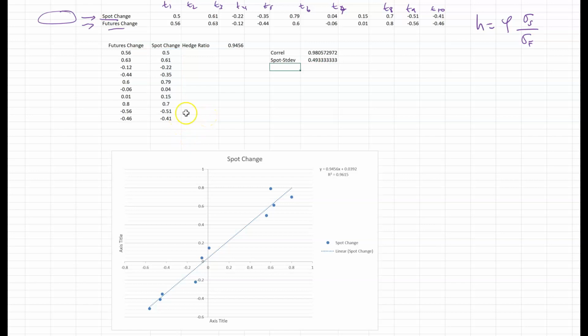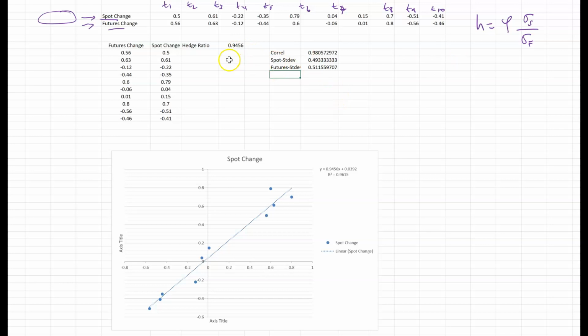How about the standard deviation in the change in the futures? That's that value here. So futures is the standard deviation of the futures, and that futures is this. Close that, enter. We have all we need.